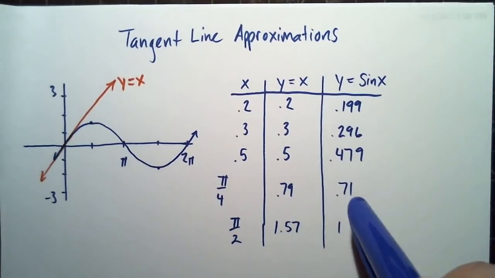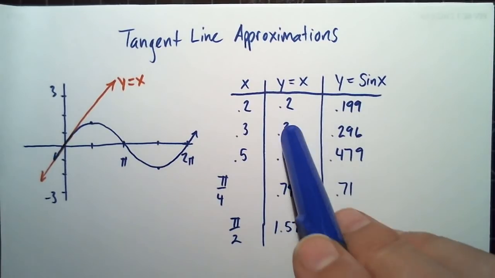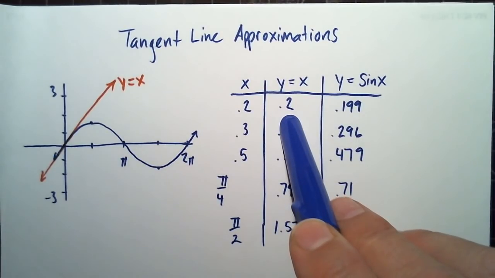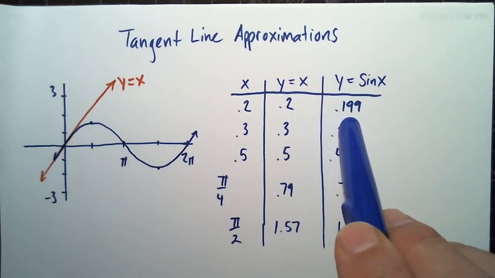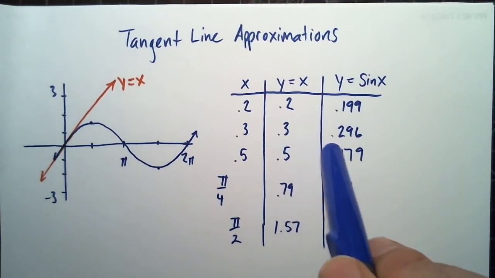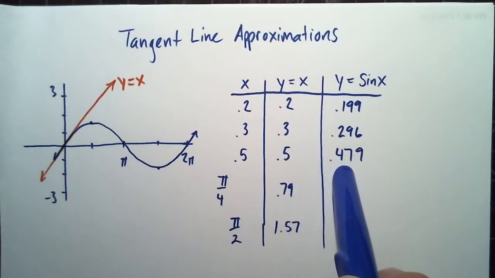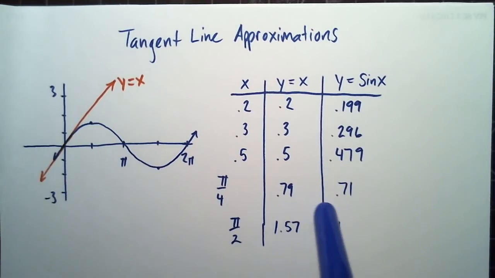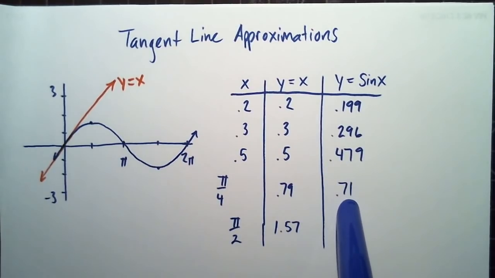And we see sometimes the tangent line is a good approximation of the function. 0.3, 0.29, 0.5, 0.47, 0.79, 0.71. Well, this is not as good of an approximation. And here we have 1.5 and 1. So this is getting further away from the function.